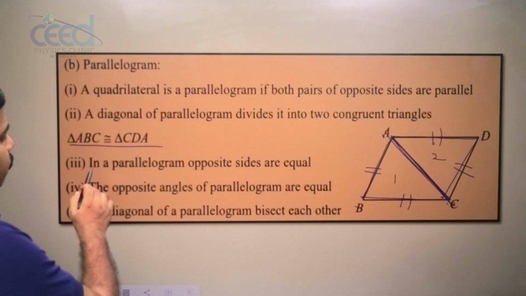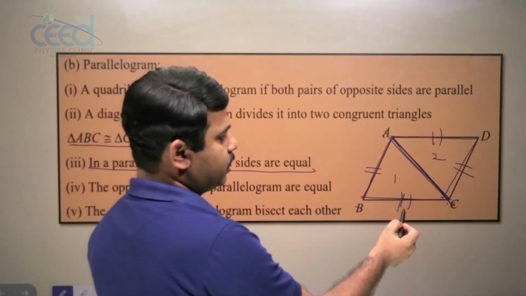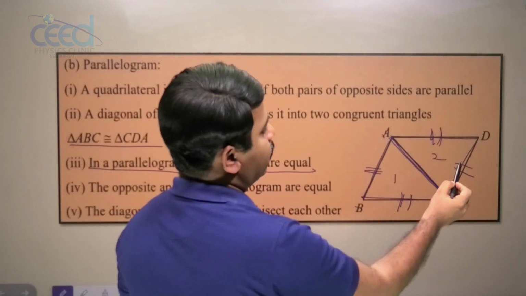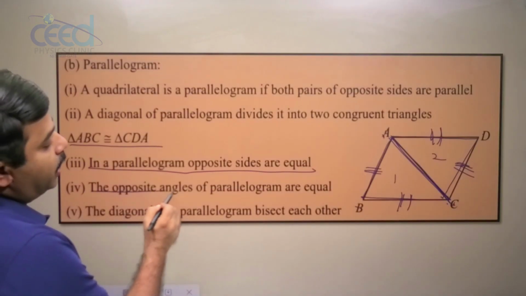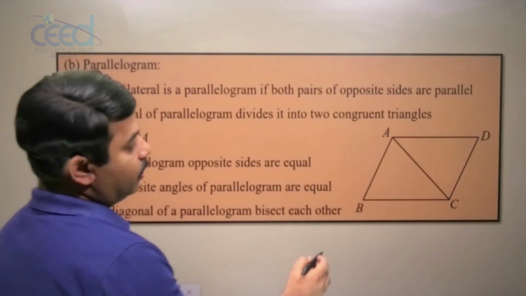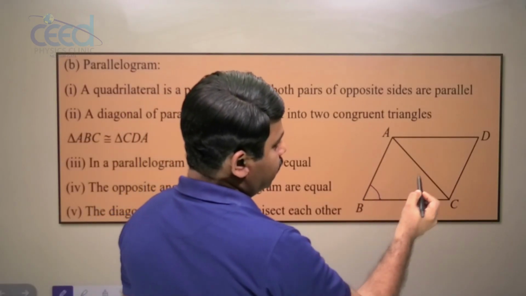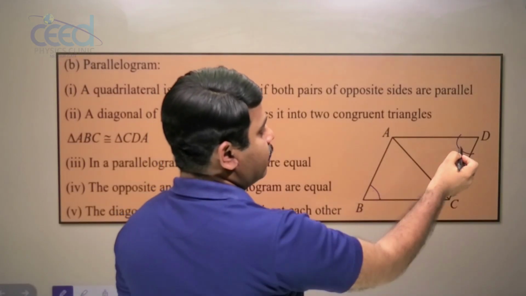Now in a parallelogram, opposite sides are equal. We already saw this side is equal to this side. The opposite angles of a parallelogram are equal. Very important. See, this is one angle and this is its opposite angle, and these angles are equal.